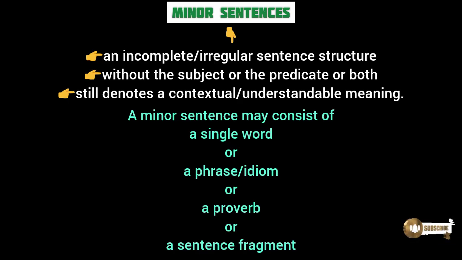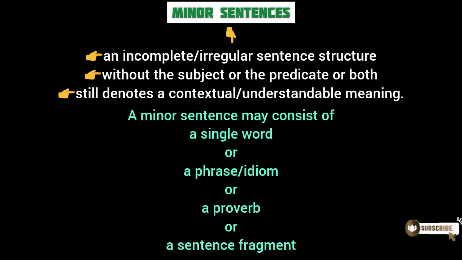So we see that a minor sentence does not have either the subject or the predicate or maybe neither of these two. Therefore, a minor sentence only expresses an understandable or contextual meaning, not a full sense like the major sentence.